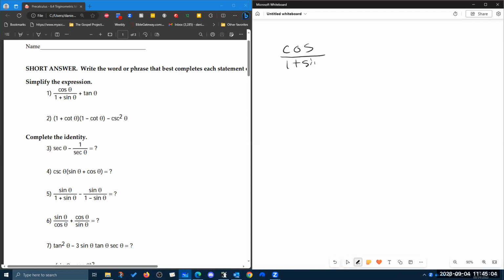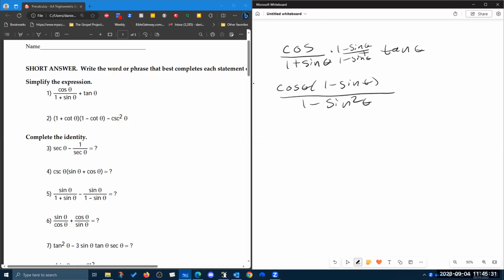I see that the bottom there is going to be able to be multiplied by 1 minus sine theta to be able to simplify it. So this is going to be cosine theta times 1 minus sine theta over 1 minus sine squared theta.